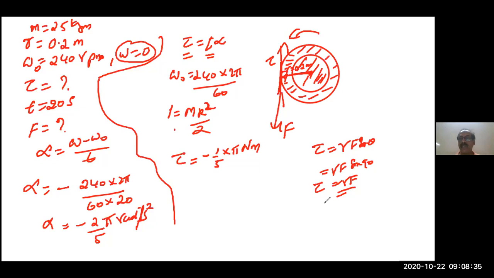Now this torque value you can substitute here: minus 1 by 5 pi is equal to R, which is 0.2, into F. That means F is equal to minus pi Newton. That's all.